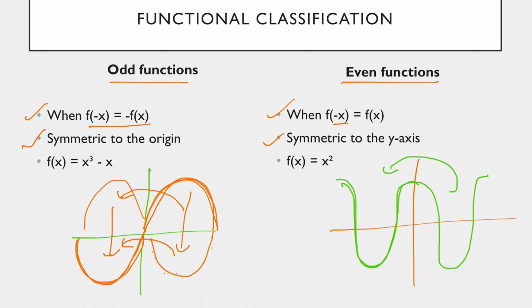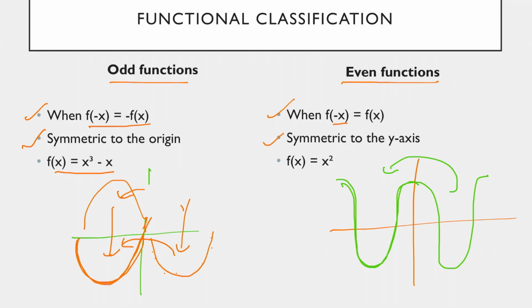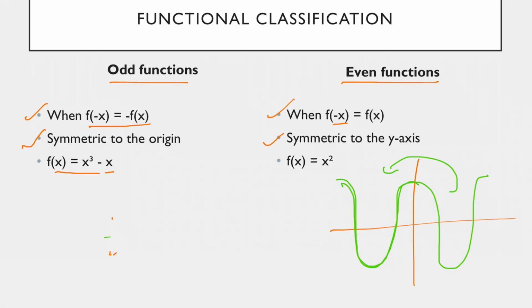Now, an example here is f(x) is equal to x cubed minus x. I'll show you how it actually works. When I say f of x is x cubed minus x, and then I say f of negative x, according to the definition, it should be negative f of x. I'll start by putting in negative x.